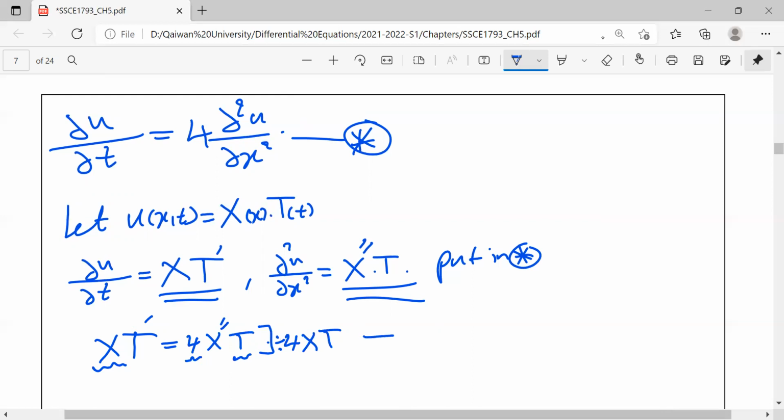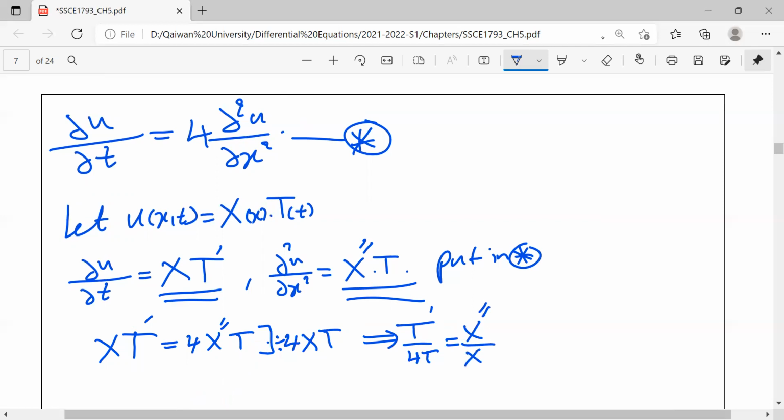If we divide this side by 4xt, x and x are cancelled out, and we get t prime over 4t. In the right hand side, if we divide it by 4xt, t and t are cancelled out, 4 and 4 are cancelled out, and we get only x in the denominator and in the numerator, we have only x double prime. We have x double prime over x.